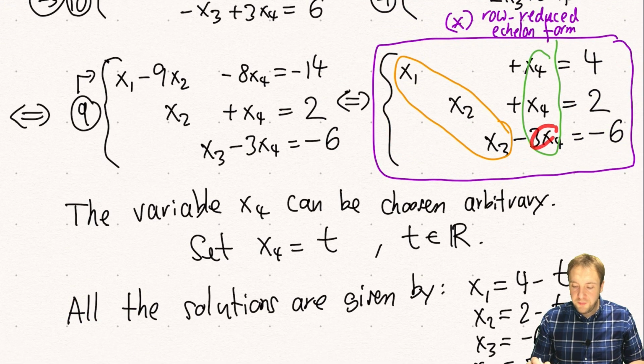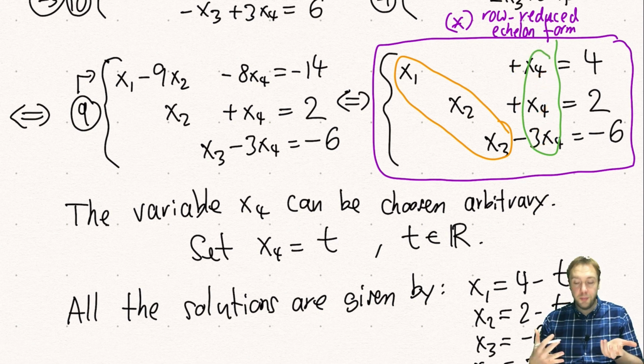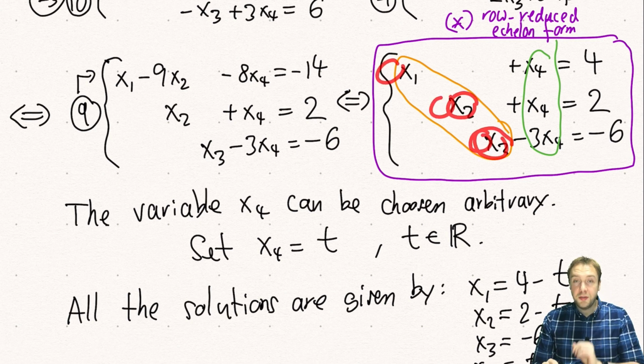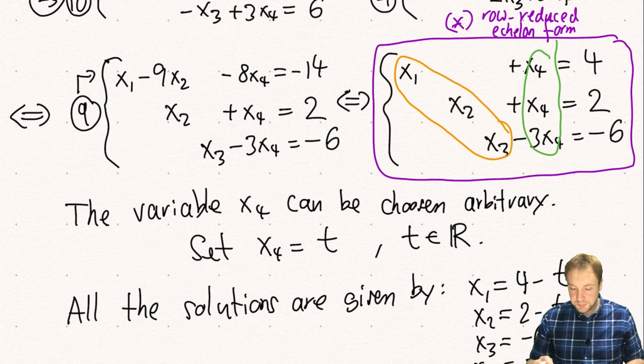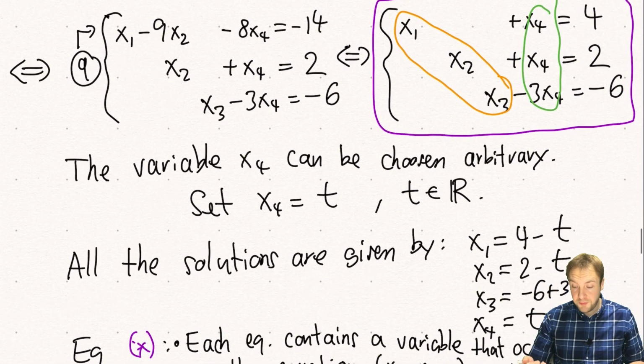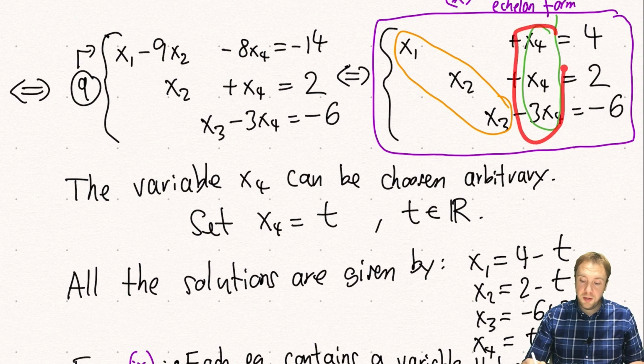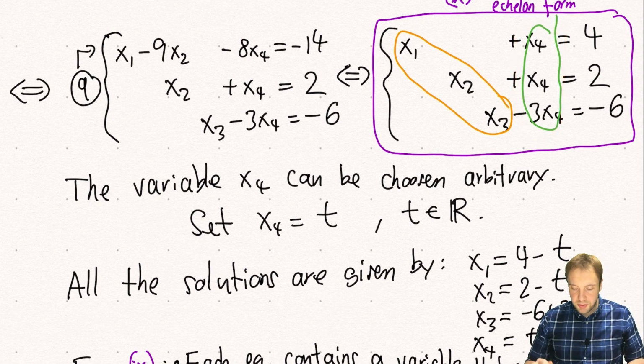There will be some free variables which appear maybe in all equations, but each equation starts with one variable with a coefficient 1, and these variables do not appear in any other equations. And these are then the pivot variables, and the remaining variables are the free variables which we can choose freely.